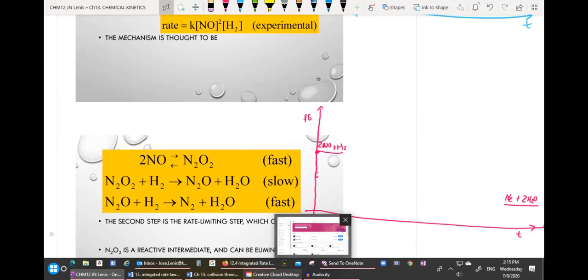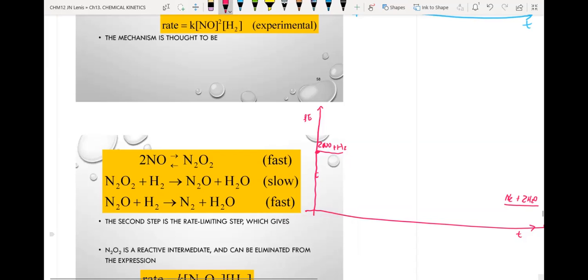If you have a 4-step mechanism, you need to show 4 hills. So 3 hills. Now, one is going to be the slowest, and the others are going to be faster. Therefore, one of the hills is going to be the highest, and the other hills can be lower.